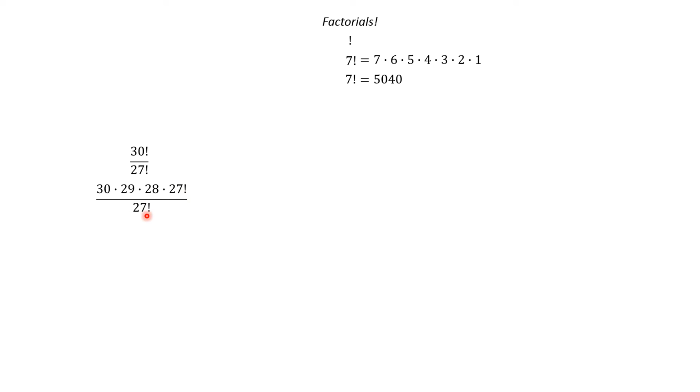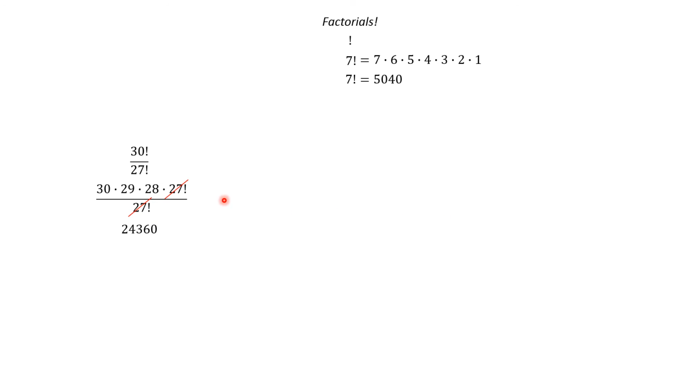And this is 27 factorial. And everything is multiplied, which means we can cancel. So this problem just becomes 30 times 29 times 28, at which point I would probably use a calculator to get 24,360.